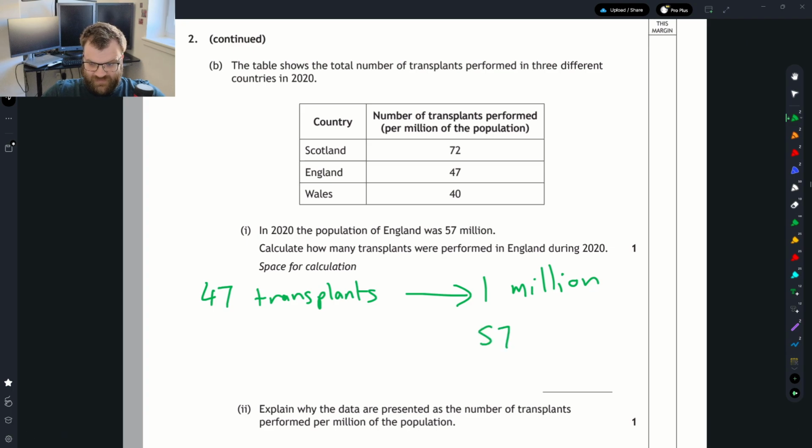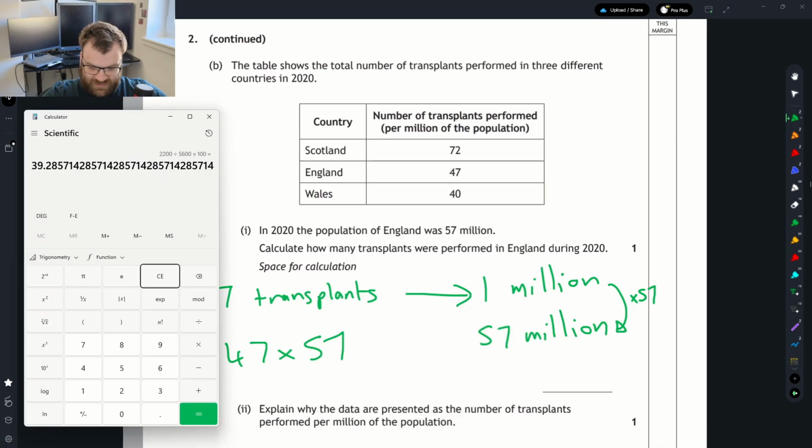And we've got 57 million. So if it's 47 for every 1, well, we are 57 times bigger. So I want to times 47 by 57. Because if 1 million had this many, 57 has to have more for that. Popping that in.